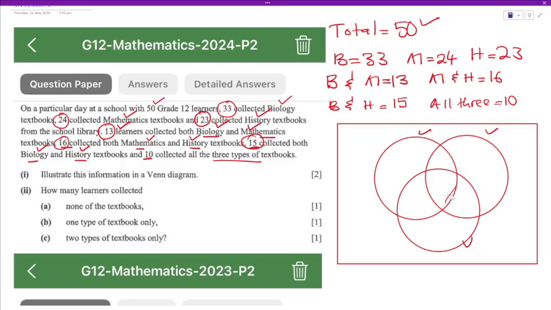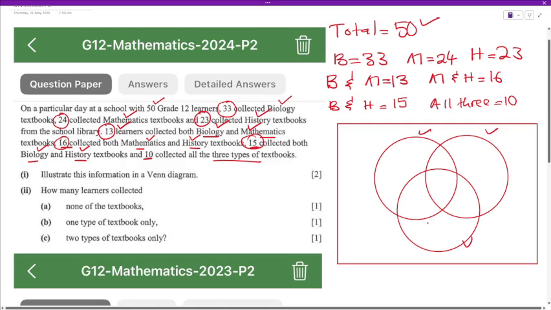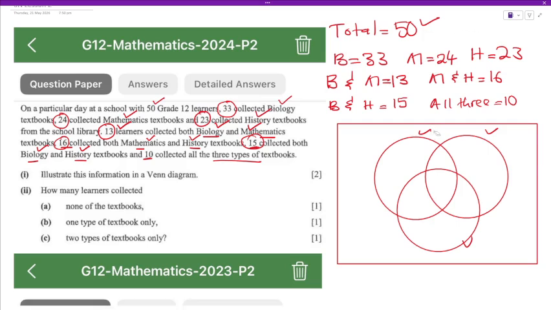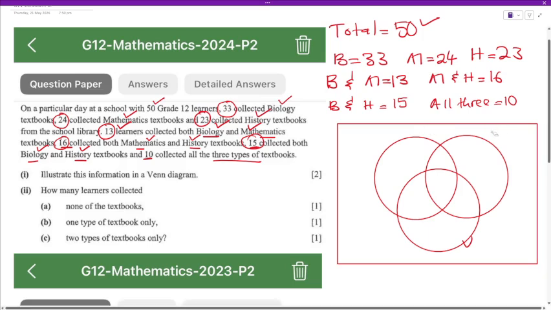So let me see, can I make this sort of permanent, so that I can't erase these? Can I erase this? Okay, yes I can. Let me see if I can make them permanent so that I will not be able to erase them as I do my thing.